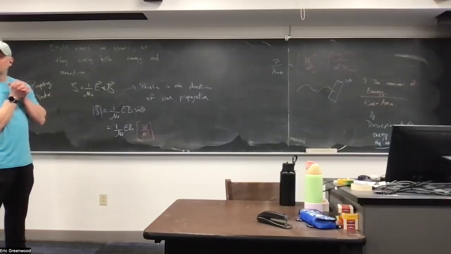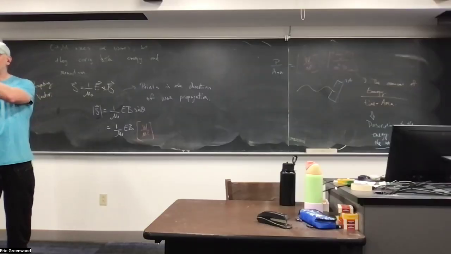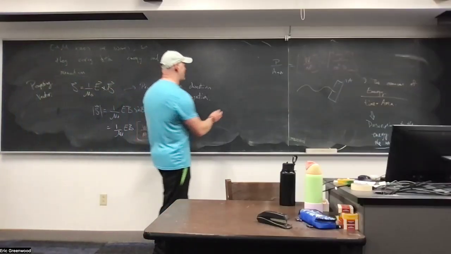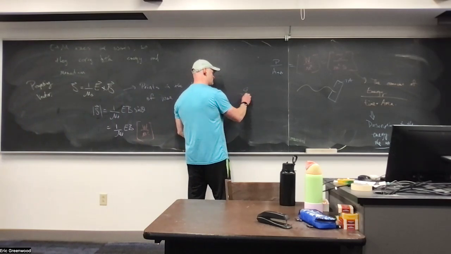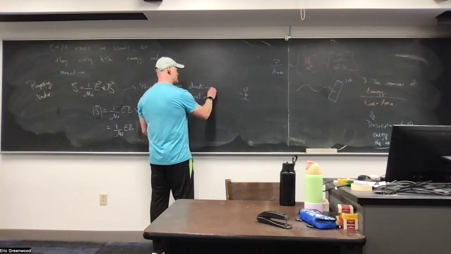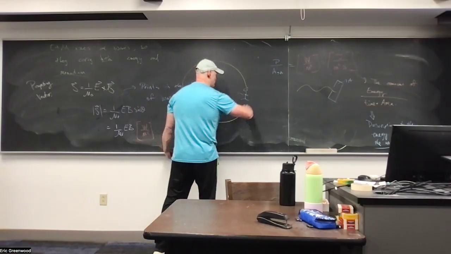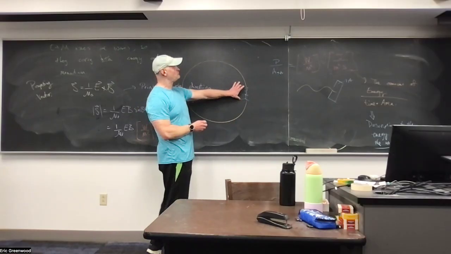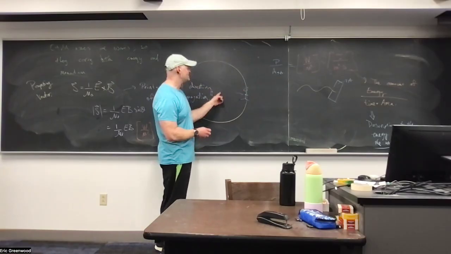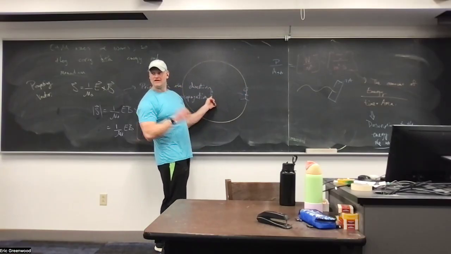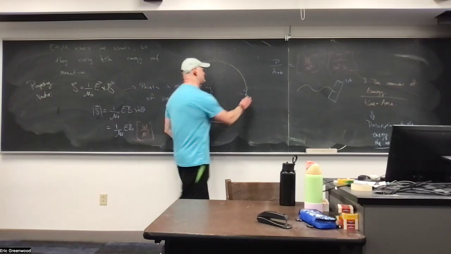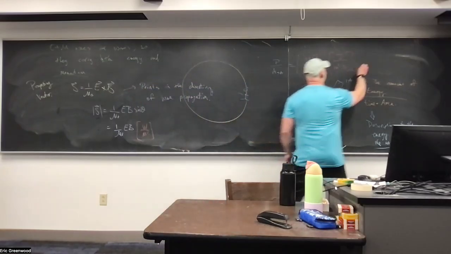Anybody remember this from? Think about sound. We talked specifically about sound. So we said the person was standing here, there was some source here, and this guy created a spherical wave that moved out. We were talking about the amount of sound that this person heard at this point. It's the intensity, right? So this is actually the intensity.